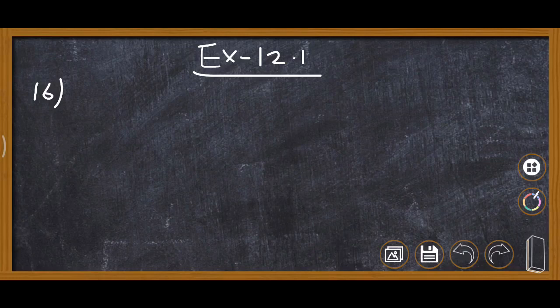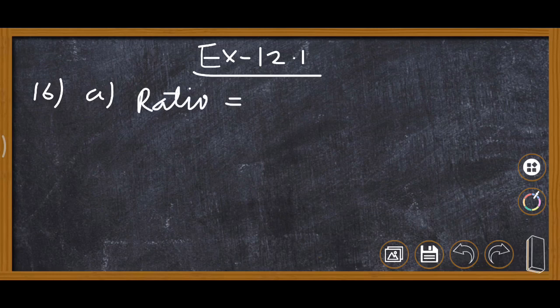This is question number 16. Here the age of father is 42 years and his son is 14 years. Find the ratio of. So there are 4 questions in this part. First of all, the ratio of the age of father to the age of son.